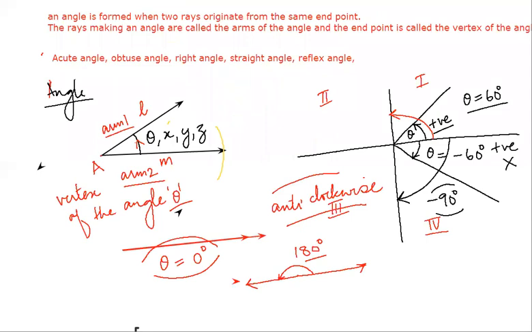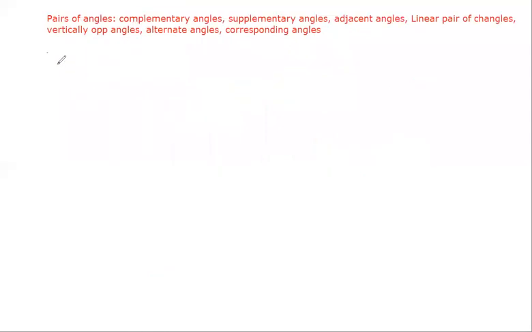So now we go to pairs of angles. Students, we have different pairs of angles. One is complementary angles. Let's say we have angle A and angle B. If their sum is equal to 90 degrees, angle A and angle B are known as complementary angles. For example, let's say this is a right angle.